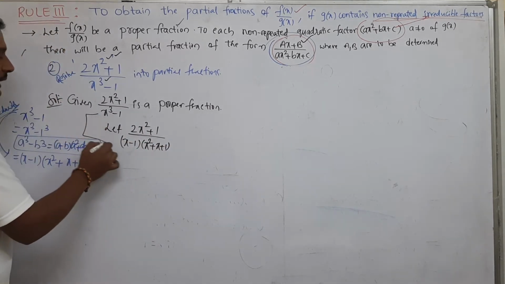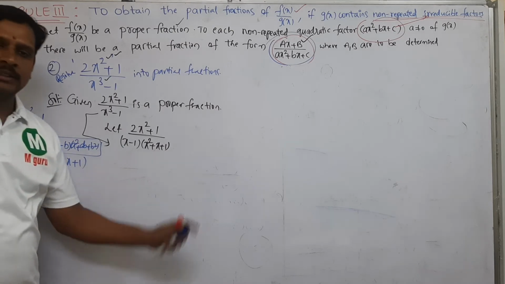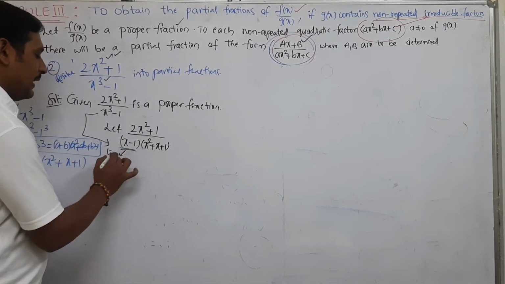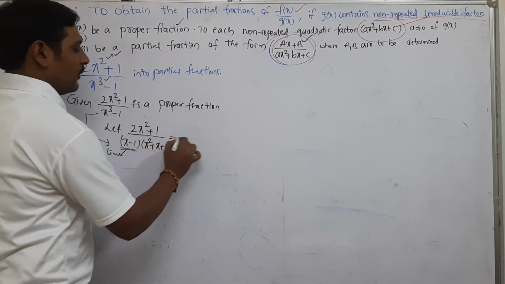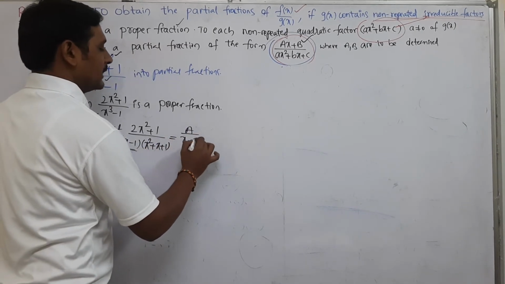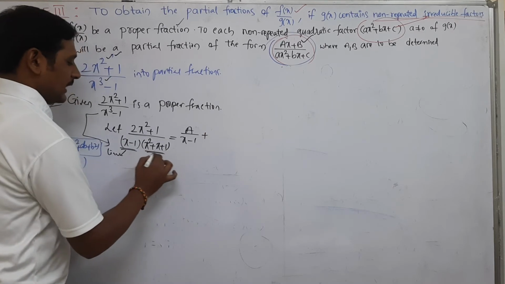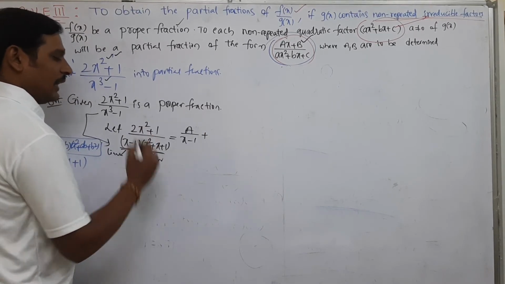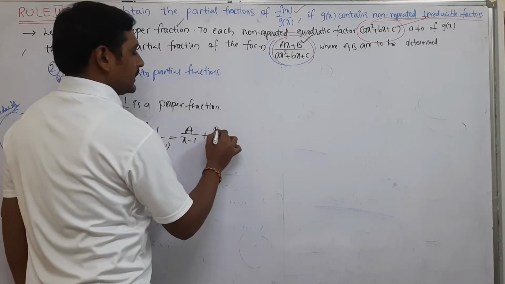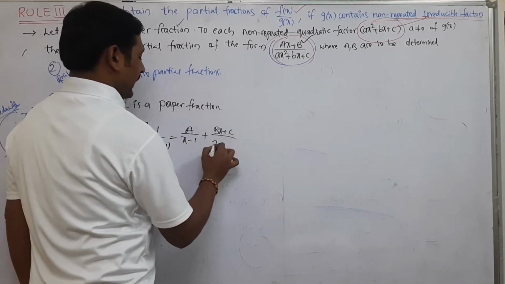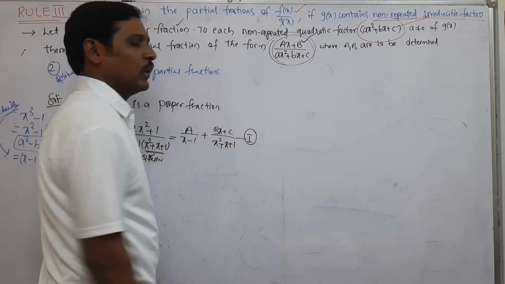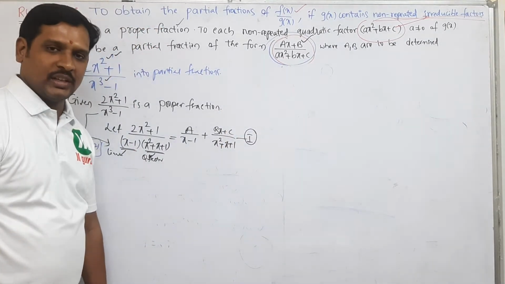So we have replaced x cube minus 1 with this. Once again, here x minus 1 is a linear factor. For a linear factor, what do we write? A by x minus 1. And x square plus x plus 1 is a quadratic factor. For a quadratic factor, what do we write? Bx plus c by x square plus x plus 1. So this is the required equation, right?